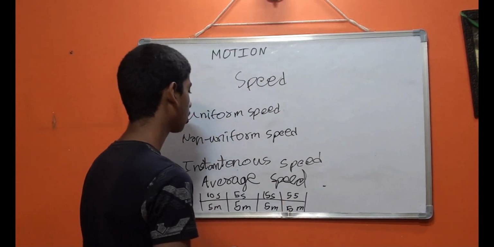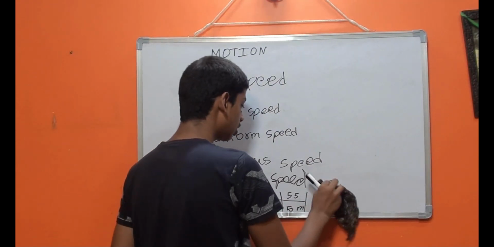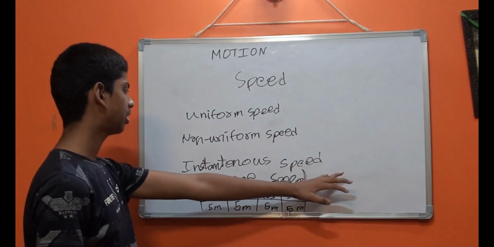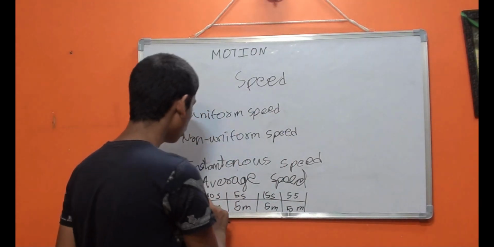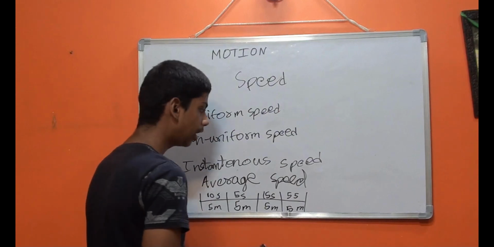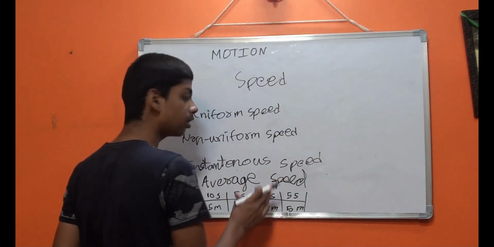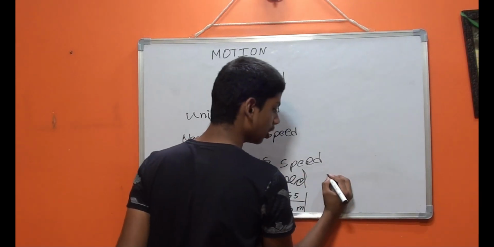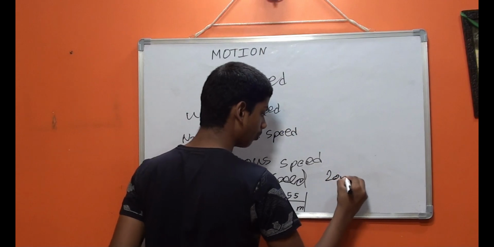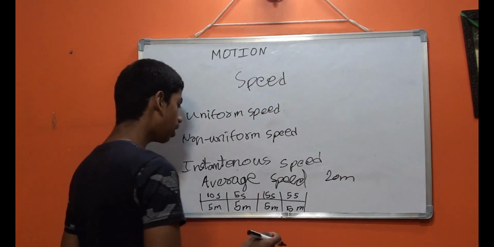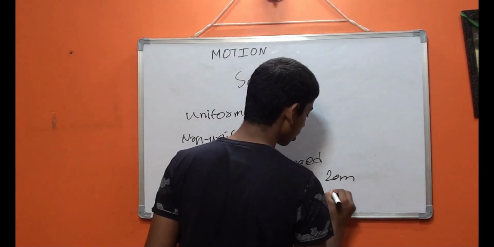Now what is the average speed? Here the body is going with non-uniform speed. The average speed would be the total distance travelled divided by the total time taken. The total distance travelled would be 20 meters and the total time taken would be 35 seconds.